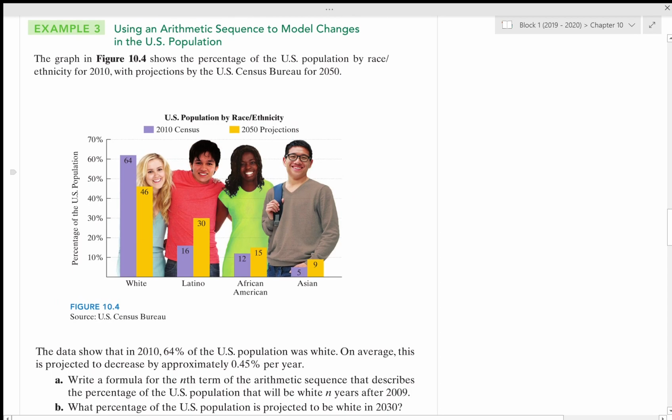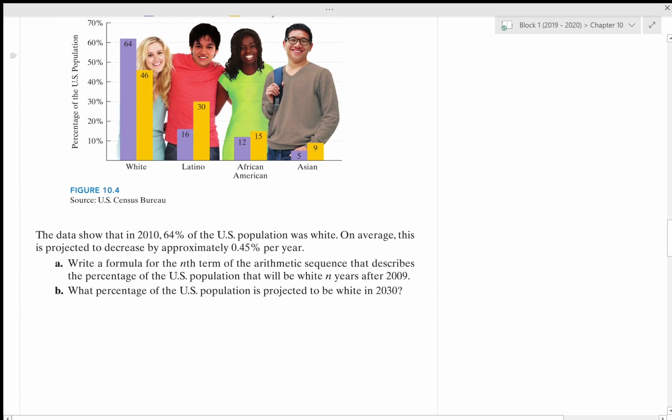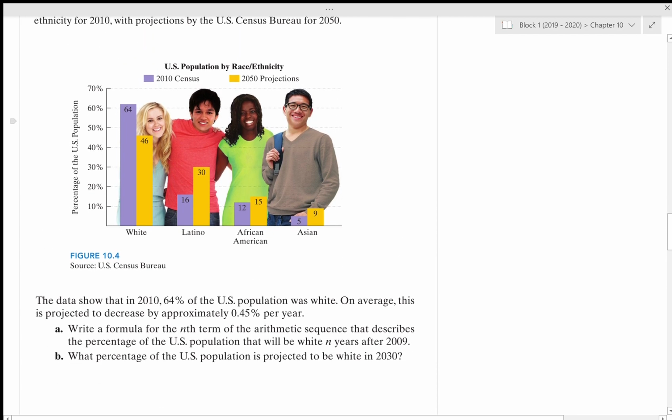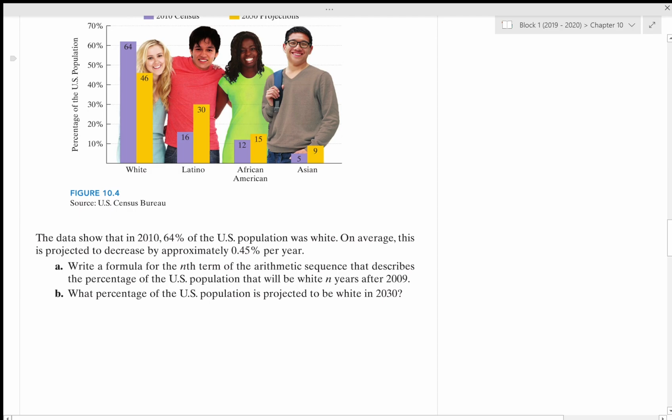So let's read this problem. The graph in figure 10.4 shows the percentage of the U.S. population by race ethnicity for 2010, with projections by the U.S. Census Bureau for 2050. So basically they're showing as it progresses from 2010 to what they project it's going to be by 2050. Now the data shows that in 2010, 64% of the U.S. population was white.